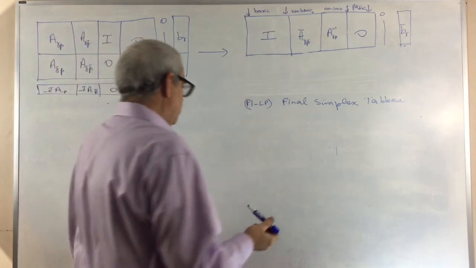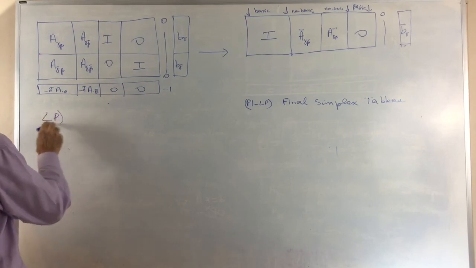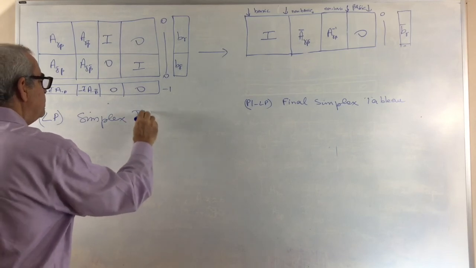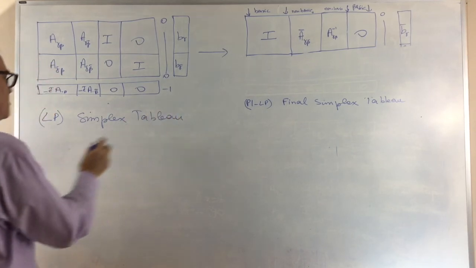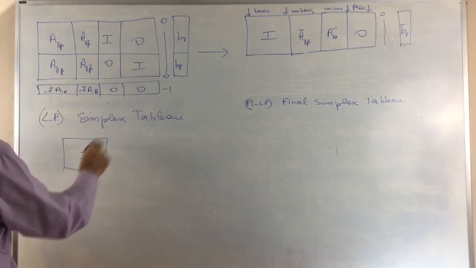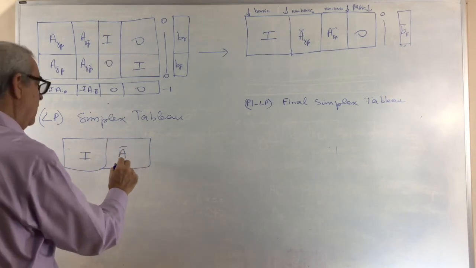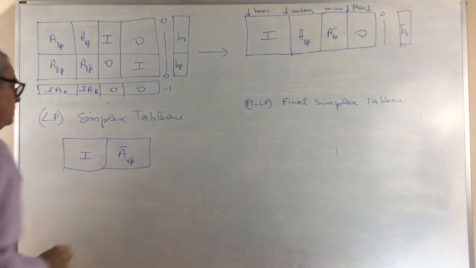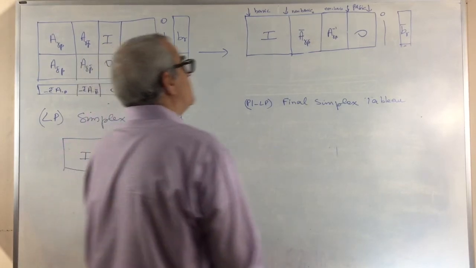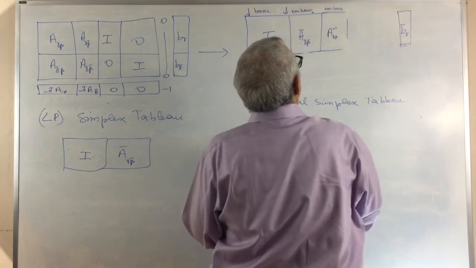And now this, so my final simplex tableau, the LP, is the following: here I, and then here A bar of gamma beta bar, okay, and yeah, I get rid of this too. This is the non-basic W's. I don't need this area here, okay.